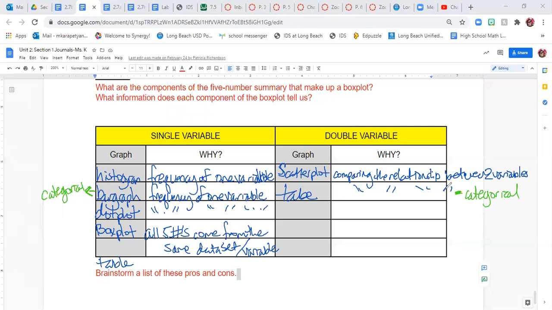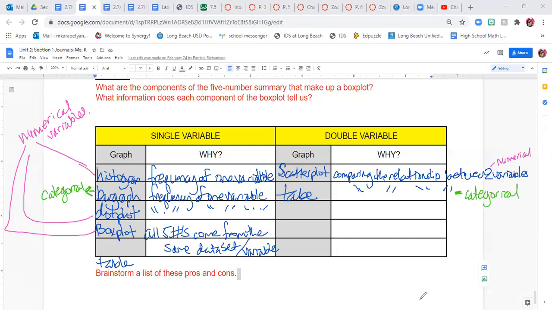As opposed to a scatter plot that is a comparison between two numerical variables, and a histogram, dot plot, and box plot are all counts of numerical variables.